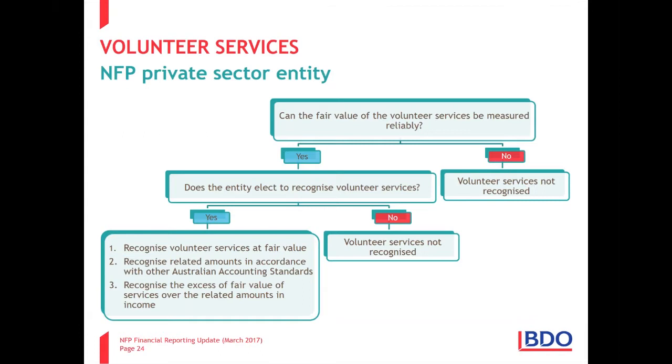So you'll expense it. If the fair value of the service is $100,000, we have revenue or income of $100,000, we also have an expense of $100,000, impact on profit is still zero. But now users, when they look at your financial statements, they know what funding you would require if you didn't have volunteers in your organization.